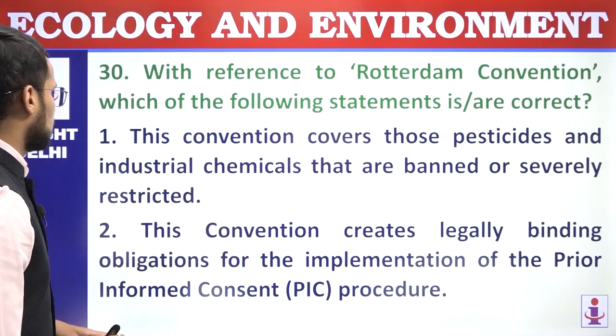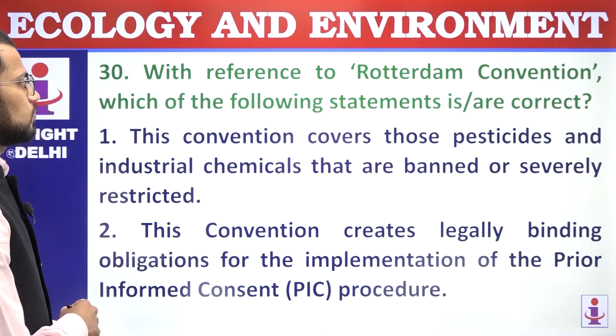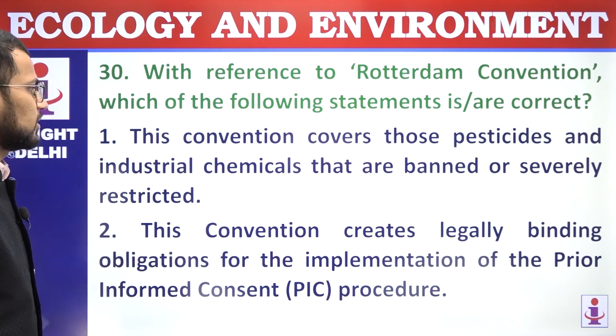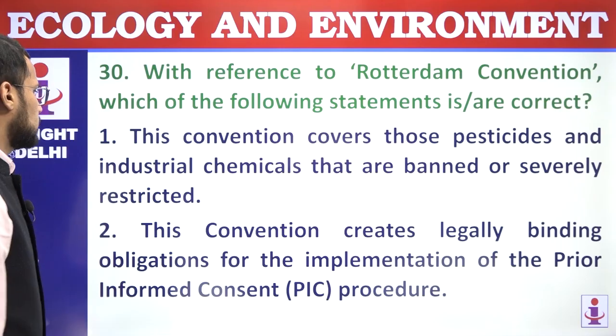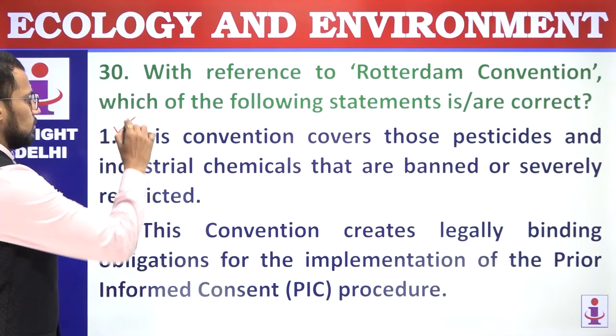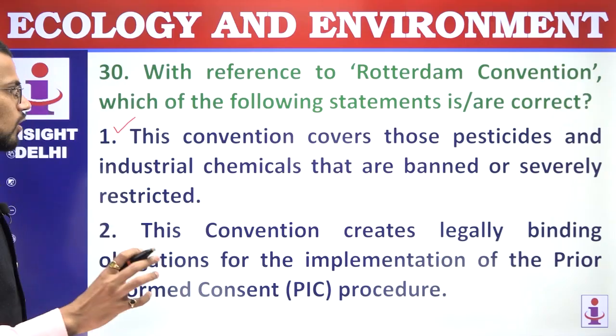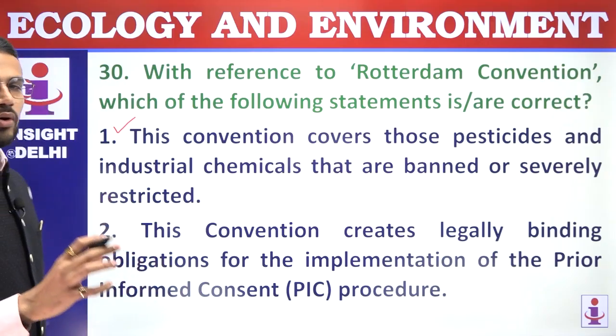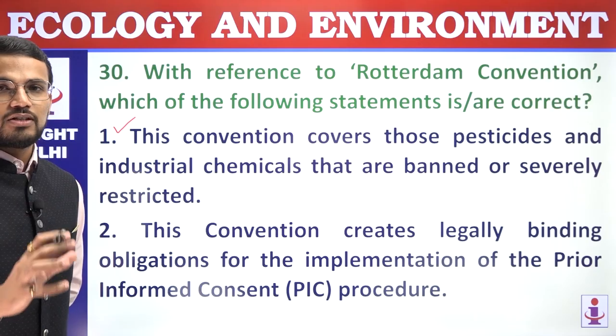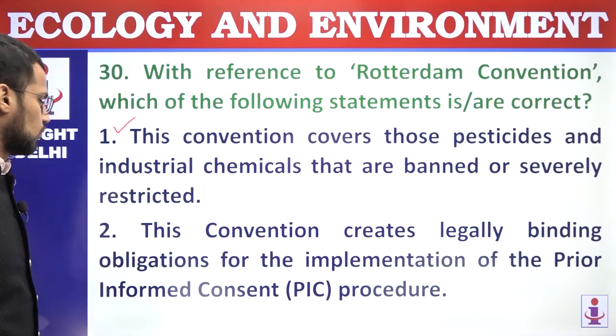Right. So first statement. This convention covers those pesticides and industrial chemicals that are banned or severely restricted. Correct statement. Right? It is not for all chemical substances or pesticides. It is only for those chemicals and pesticides which are considered harmful.